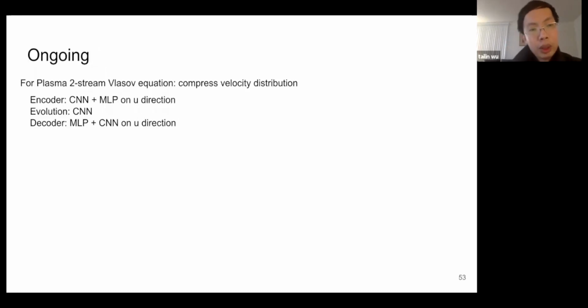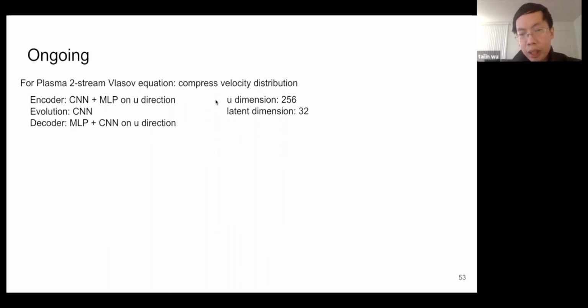So for the two-stream Vlasov plasma equation, we are doing the following encoding, in which we use the CNN plus the MLP to compress only on the U direction. Basically, we compress the velocity distribution, and then we can evolve this in the latent space with CNN, and then decode back into the original U distribution.